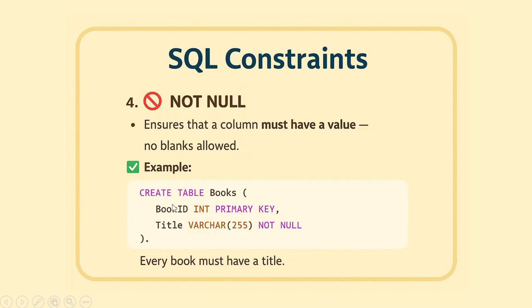For each book, we will have the book ID as primary key. The title should not be null. So we can do this using the not null constraint. So we can write title varchar not null. Every book must have a title.